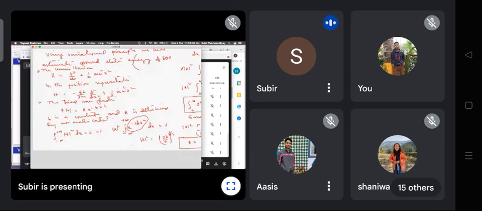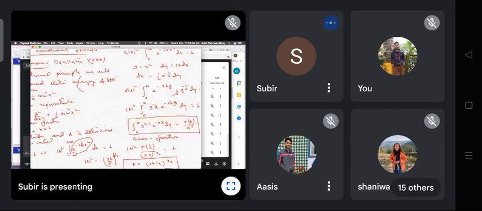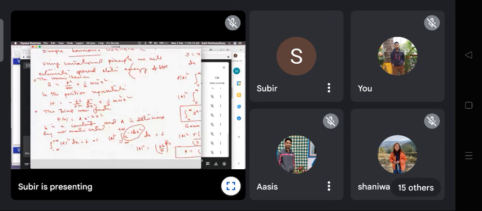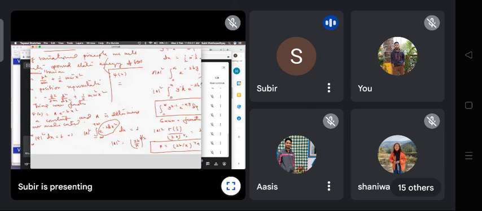That means our normalized wave function, finally, that we introduced here, is psi of x equal to 2b by pi to the power 1/4 into e to the power minus bx square.